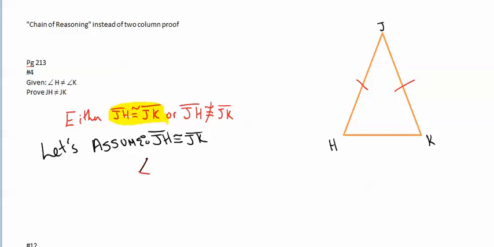that angle H is congruent to angle K based on a theorem. If we have congruent sides of a triangle, then the opposite angles will be congruent.